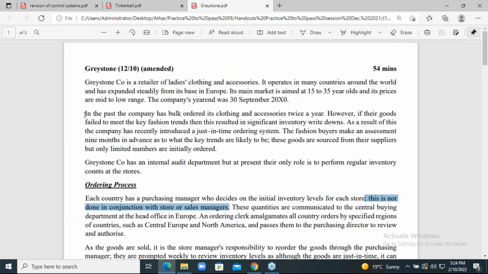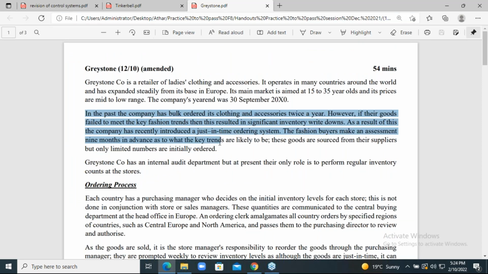You can see that in the past the company bulk ordered its clothing twice a year. However, their goods failed to meet the key fashion trends, and this resulted in significant inventory write-downs. As a result, the company has recently introduced a just-in-time ordering system, with assessment 9 months in advance.